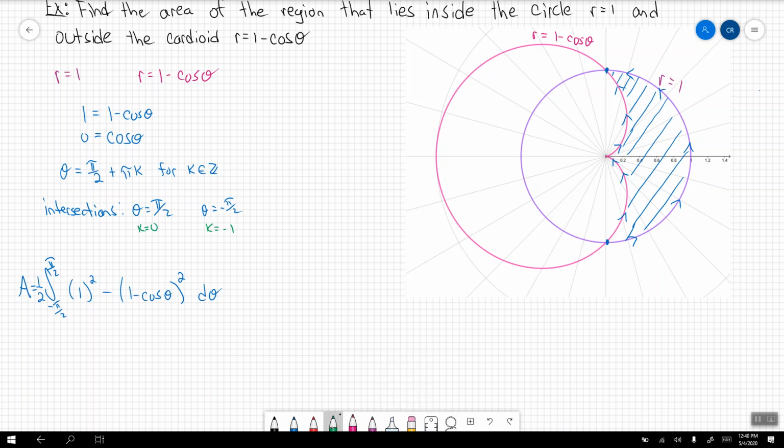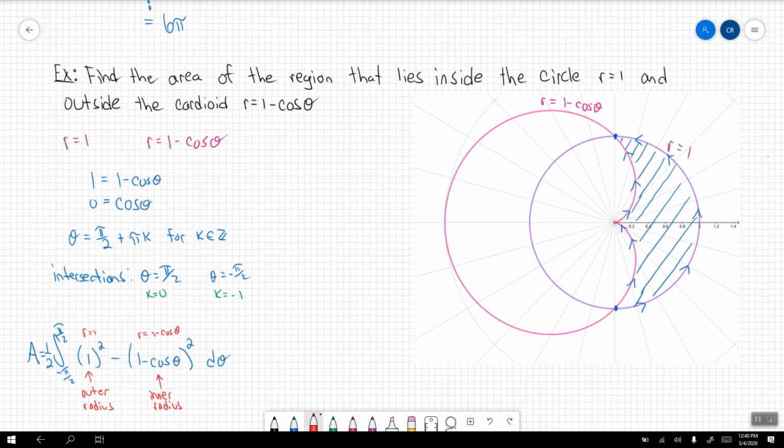Let me elaborate here a little bit more. This here was radius equal to 1, and this here was the radius equal to 1 minus cosine of theta. This was the outer radius minus the inner radius.